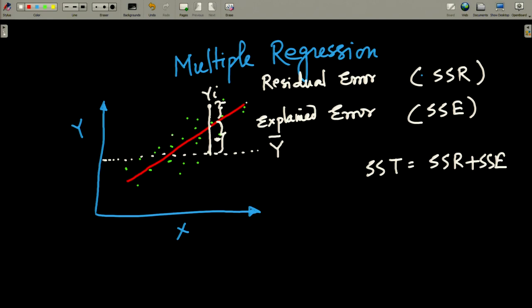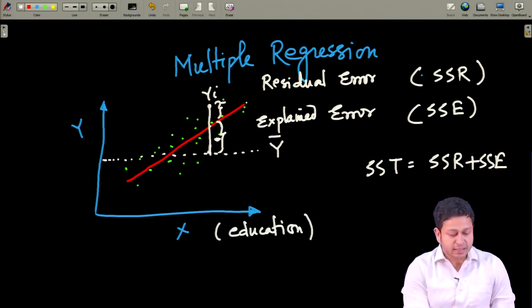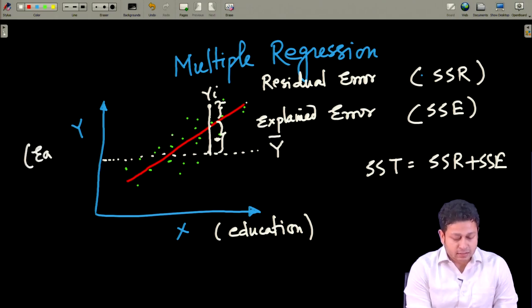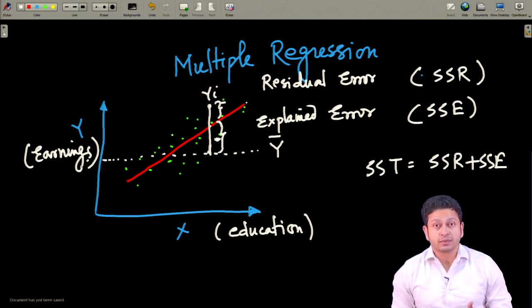And if I want to have more than one variable, here I have only one variable. Let's say this x variable here is my education, and my y variable here is my income or earnings. What I see from the data is that my earnings are increasing with the level of education.